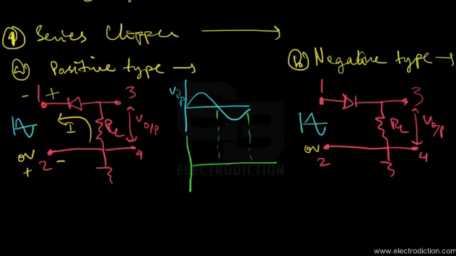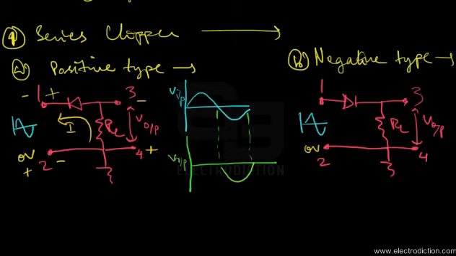A voltage output occurs across RL with reverse polarity, as terminal 3 is at negative polarity while terminal 4 is at positive polarity. Due to this, we obtain a negative output voltage which varies in direct proportion to the second half cycle of the input voltage signal. So look at that, here we obtain the second half of the input signal.